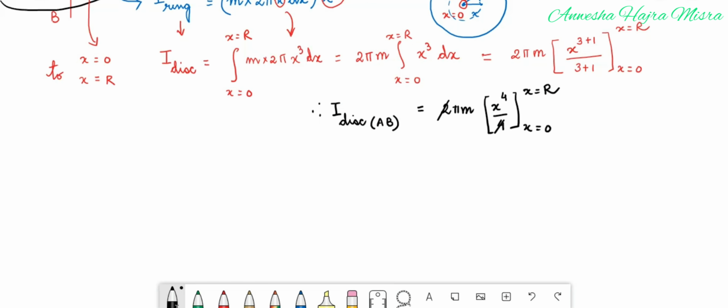This 2 cancels. This is pi m by 2 times upper limit r to the power 4 minus 0. Now the disk was of radius capital R.